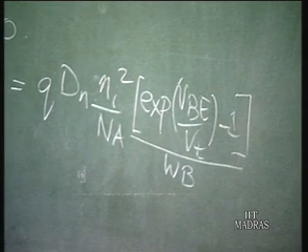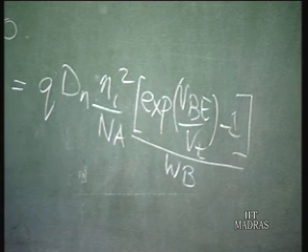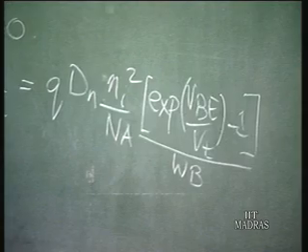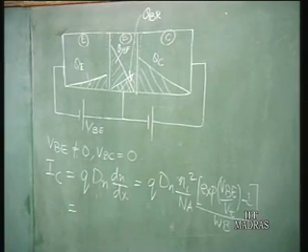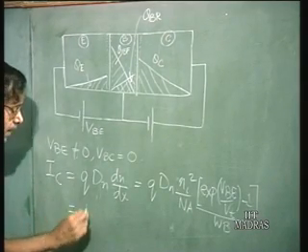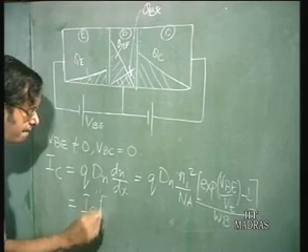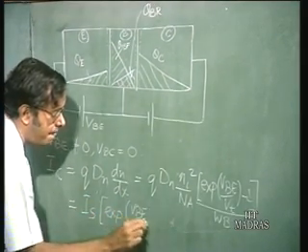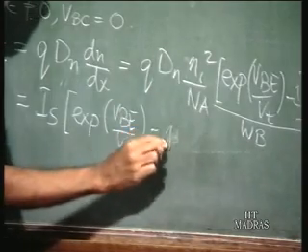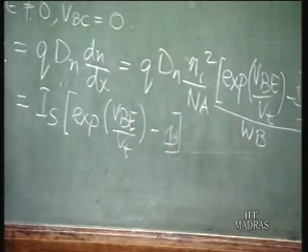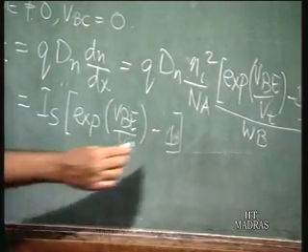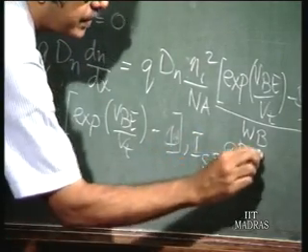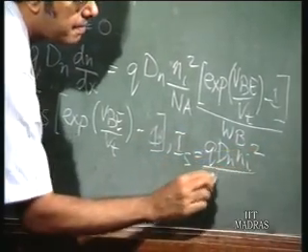So, this is the collector current, which I can write as IS, where IS is equal to Q dN Ni squared by Na.